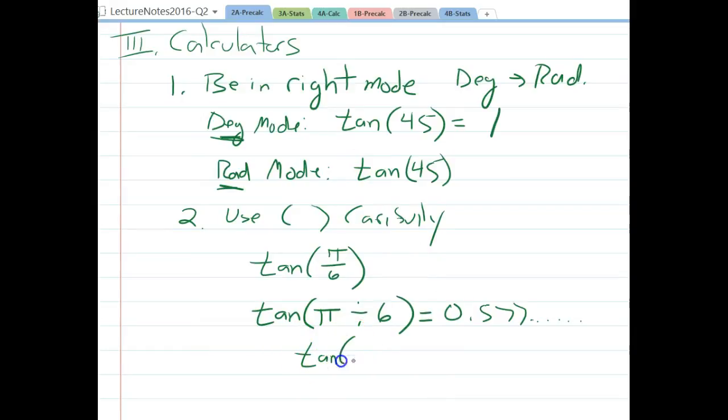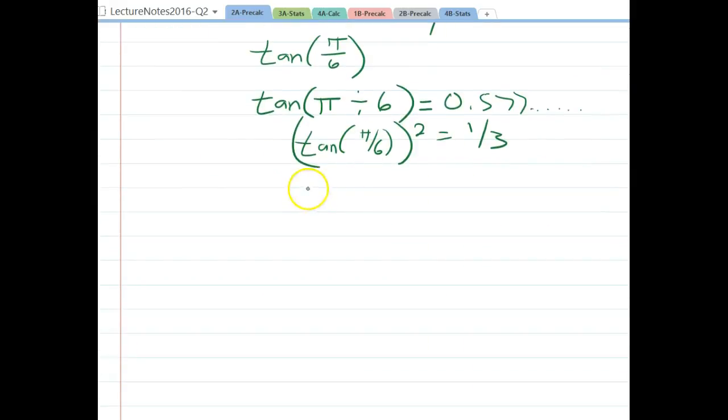So that means the tangent of pi over 6, if I square that, which I just did on the calculator, I get 1/3. That means the exact value of tangent pi over 6 is the square root of 1/3. That's where this 0.577 came from. That's 1 over root 3, which is root 3 over 3.